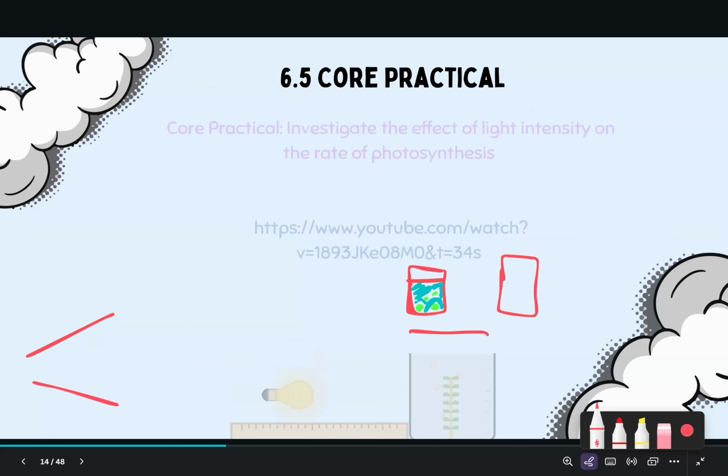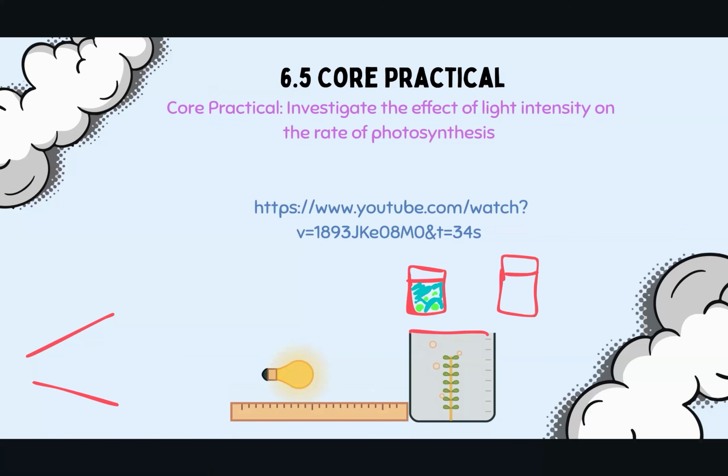Now you have a tube, you put the tube every 10 centimeters moving away from the light. Now, as it moves away from the light, what do we expect to see? We expect to see the indicator showing us something that is more and more acidic. The one closest to it, so this one here, is going to be the least acidic.